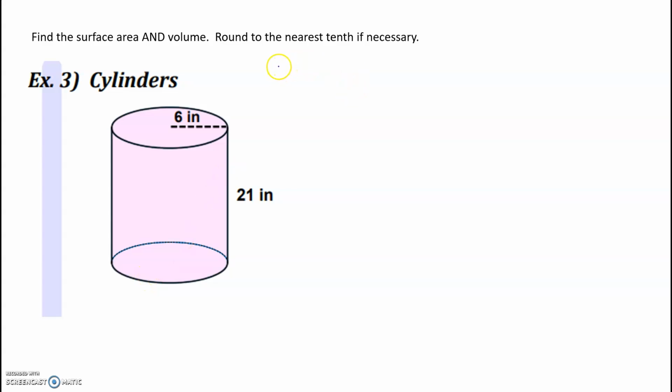So I'm actually going to start with volume. So we're still going to use that same formula. Now here, area of the base, your base is a circle. So the formula for area of a circle is pi r squared, still times height. So it's area of the base, area of a circle, times the height.